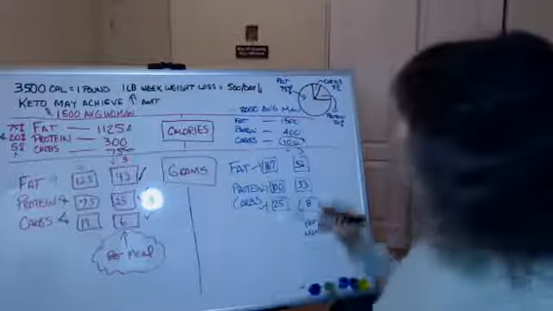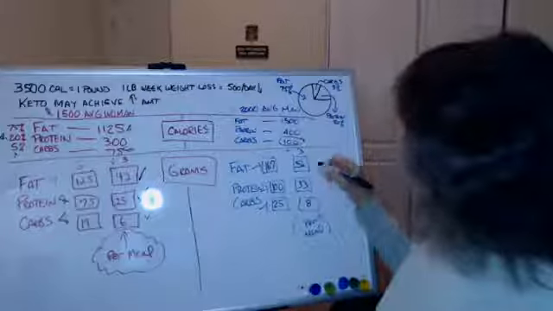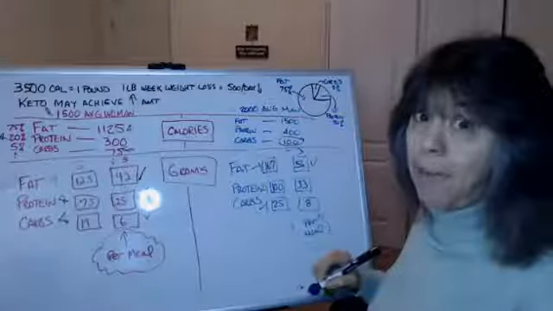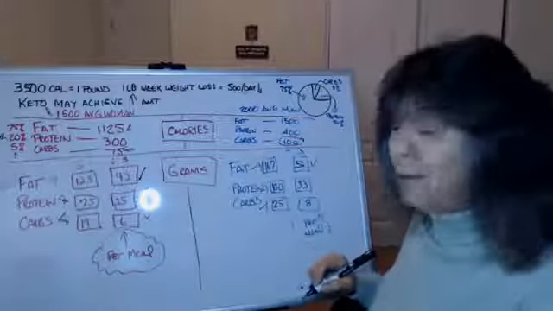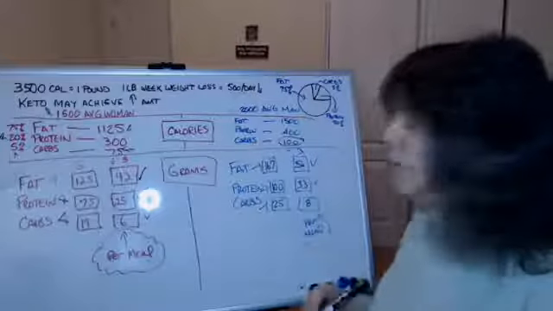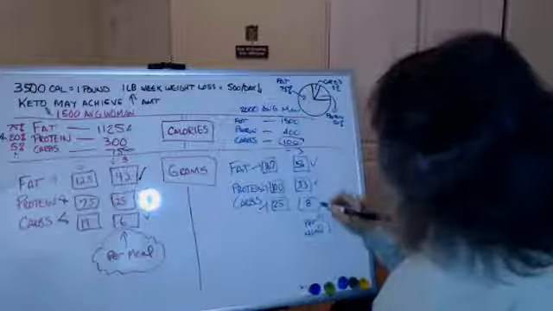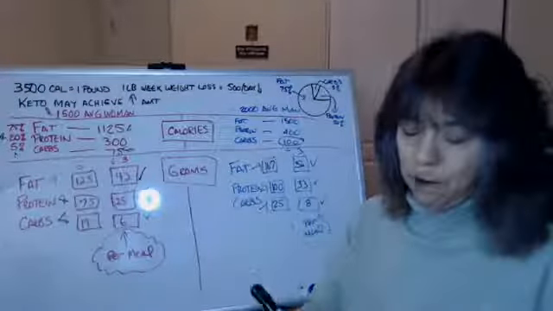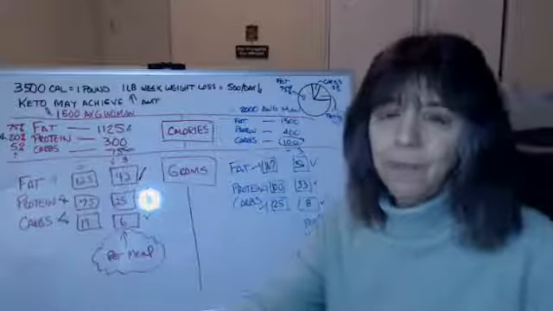And that breaks down per meal. If you're eating 3 times a day, 56 grams of fat per meal. That's a lot, folks. 33 grams of protein per meal and 8 grams of carbs per meal. Okay, so I hope that clears some things up for you.